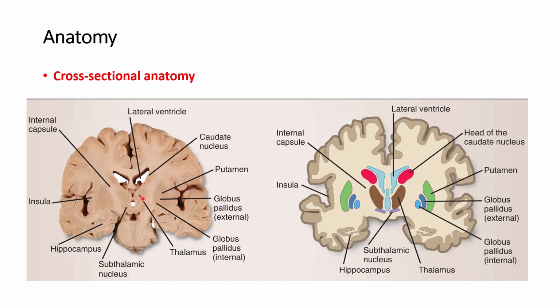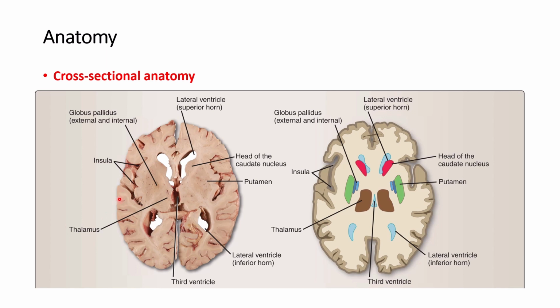Below the thalamus, you can see the subthalamic nucleus here. The hippocampus is in this area, in the medial part of the temporal lobe, part of the limbic system. It's difficult to see here, but the amygdala is around this area.